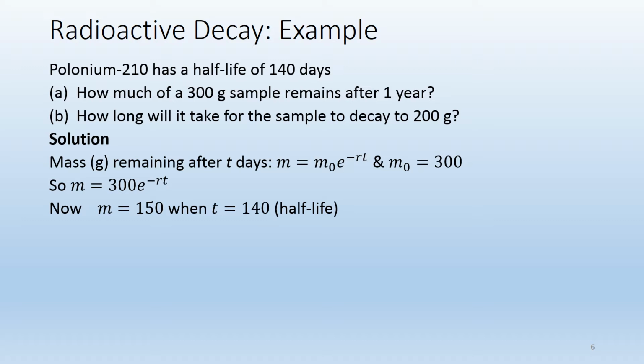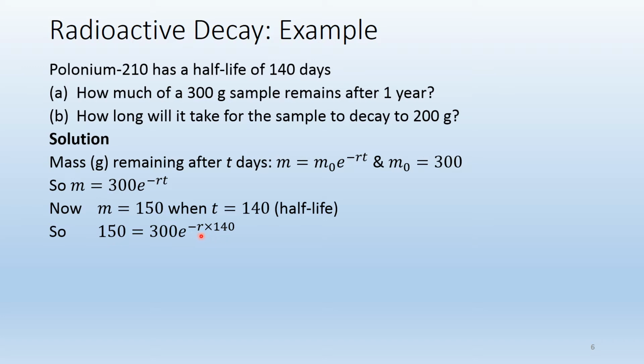The half-life means that half of our sample of 300 grams, which is of course 150 grams, that much is left at 140 days. So then we can plug those two values into the equation. So our m is 150 and our t is 140.